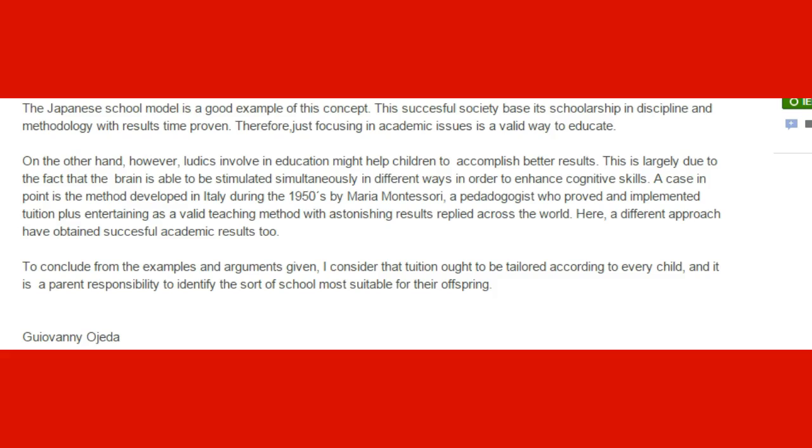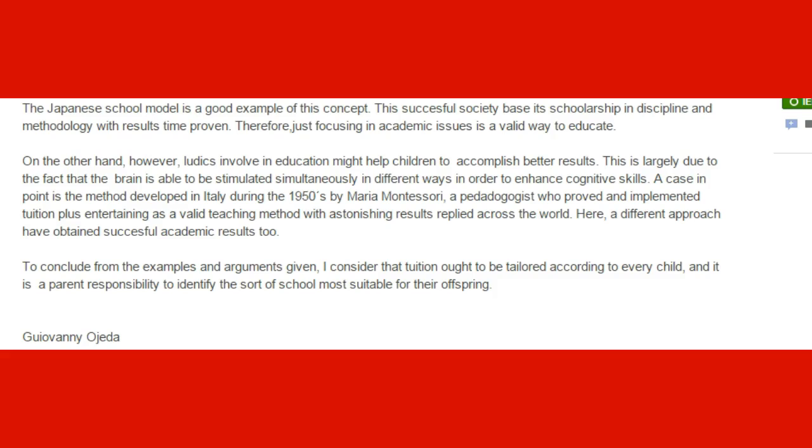Also it's a good example of extending a sentence: the longer your sentence is, the more risks you encounter of making a grammatical mistake, and this is a perfect example of that. Yep, I think what you wanted to say was replicated across the world, which is okay, but it's not necessary.